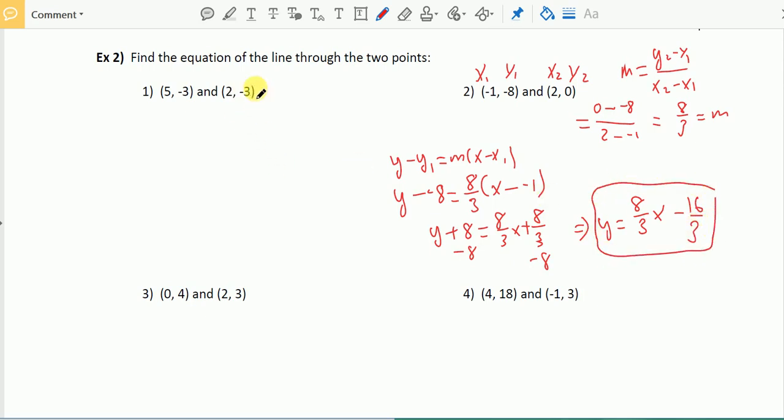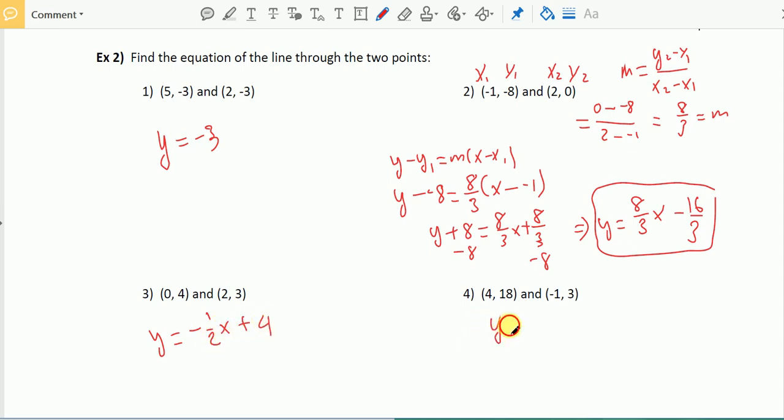And you are doing the same thing to the other three problems. First label them, then find the slope and use the point slope formula. If you do this correctly, you should get here y equals minus 3, and here you should get y equals minus 1/2 x plus 4.